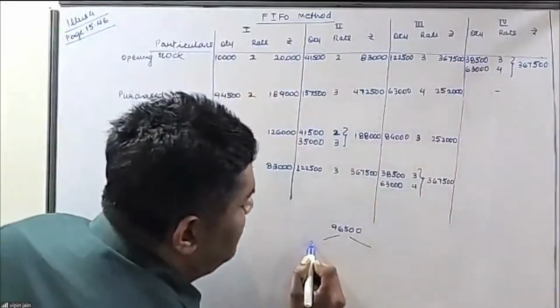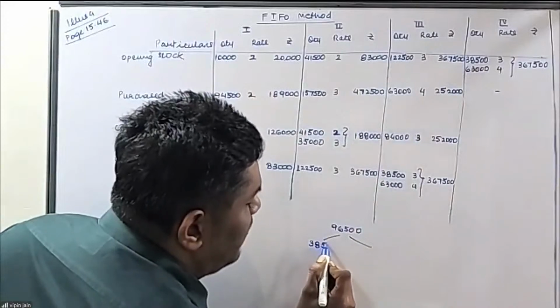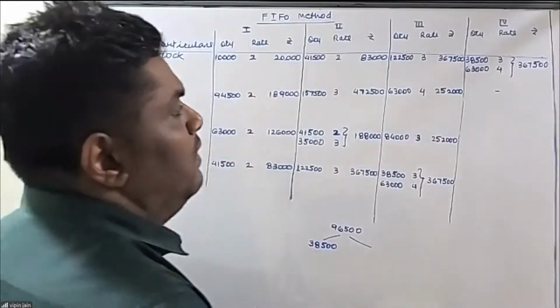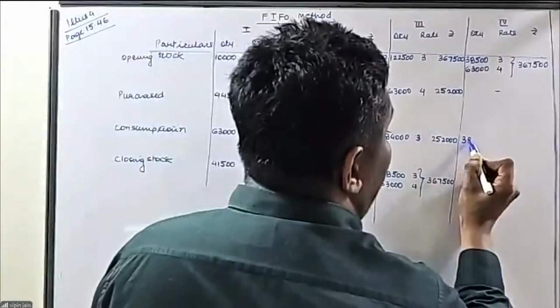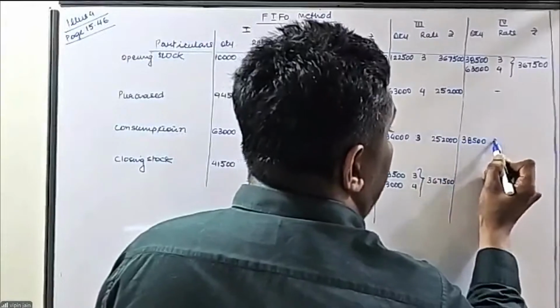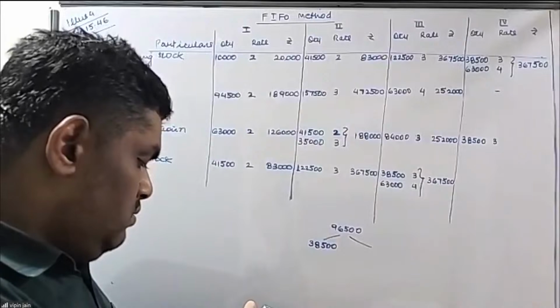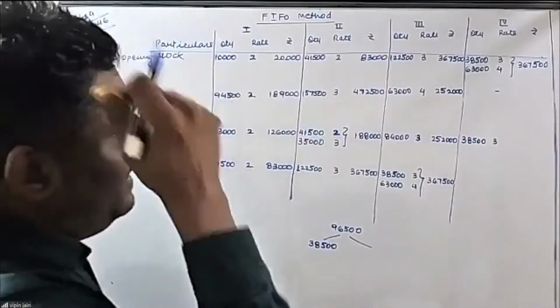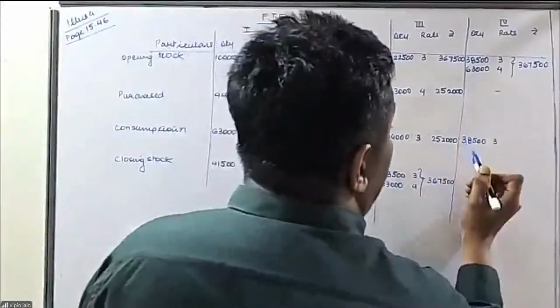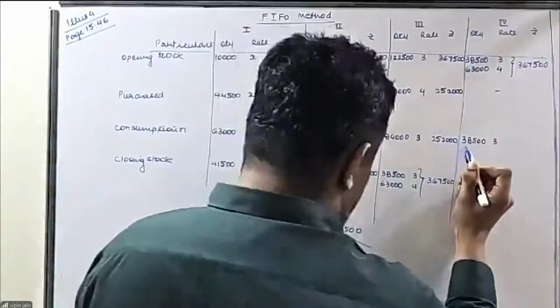So 38,500 will be fulfilled from the opening stock, and the balance requirement of 58,000 will again be from the opening stock, but at the rate 4.